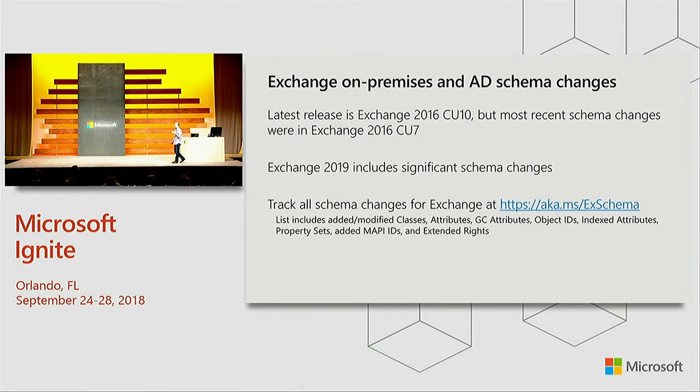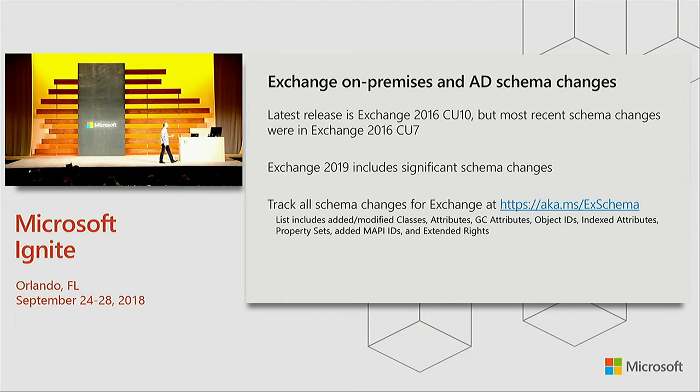All right, and of course, Exchange, particularly for those of you on premises, when you put any version in, it's going to modify permanently your Active Directory. It's going to make changes to the schema of that. The last schema updates we actually introduced were way back in Exchange 2016, CU7.